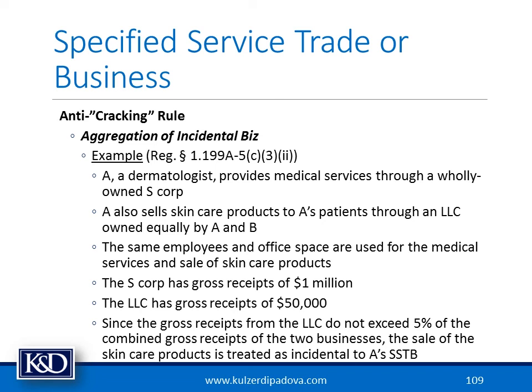So the combined gross receipts are $1,050,000. Since the gross receipts of the LLC don't exceed 5%, remember it's 5% of the combined gross receipts, which is $1,050,000, not 5% of the specified service receipts, the sale of the skincare products is going to be treated as incidental and therefore income from a specified service trader business. So with that, it is 1:15.